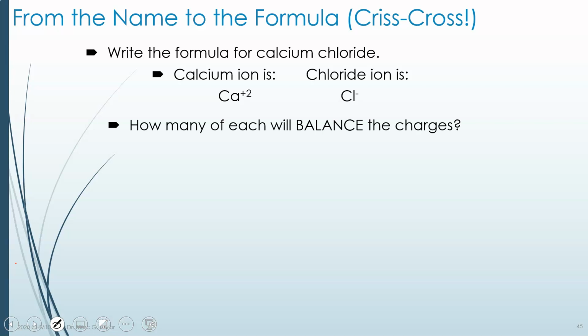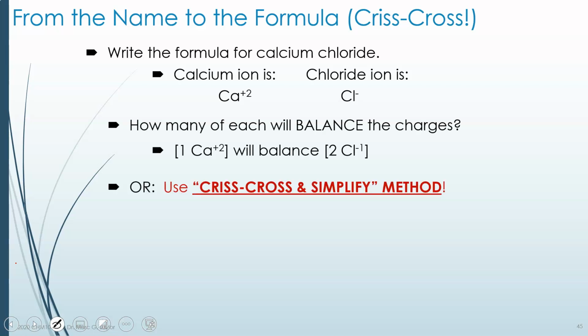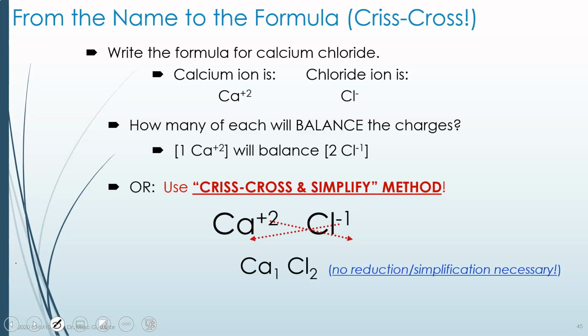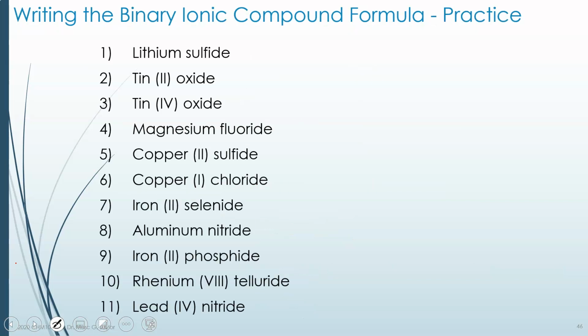So we need to know how many of each we need to balance. Well, the way to do that is to just set up a crisscross and simplify. So you have the two ions, you crisscross the numbers, that gives us 1 calcium and 2 chlorines, or 2 chlorides, and then we don't write the 1. So it's CaCl2, and then we didn't need to simplify. 1 and 2 can't be simplified anymore.